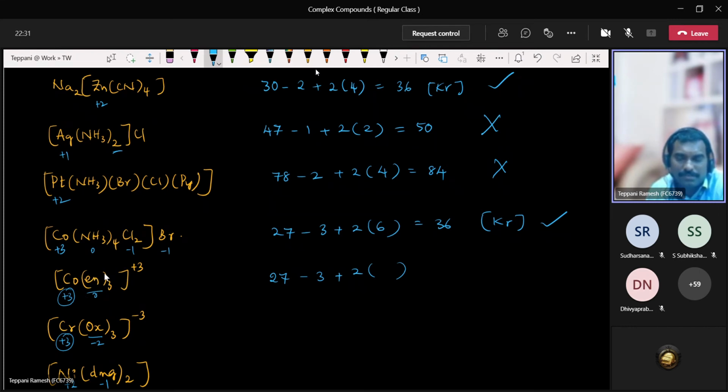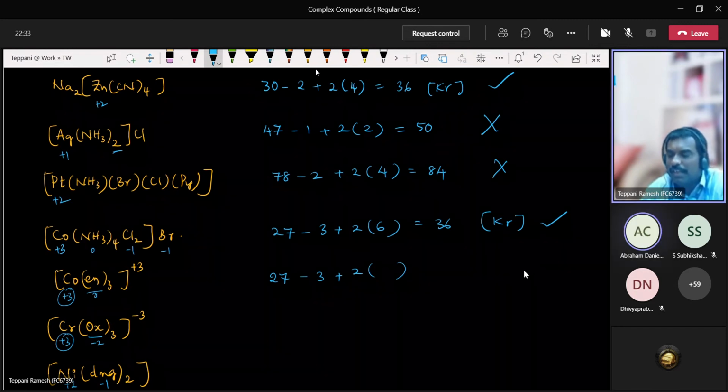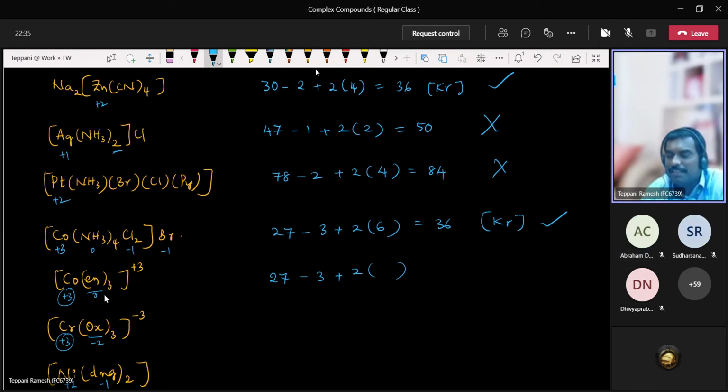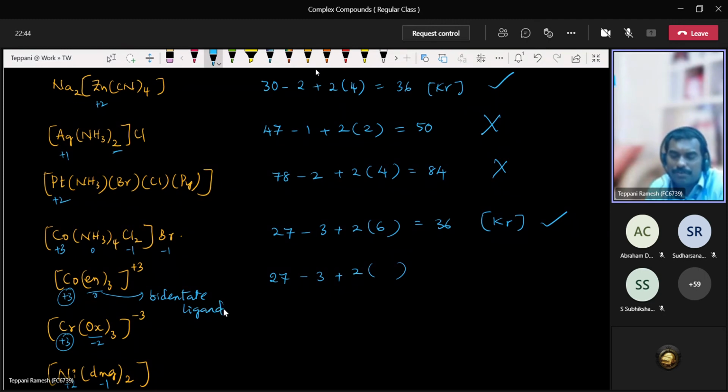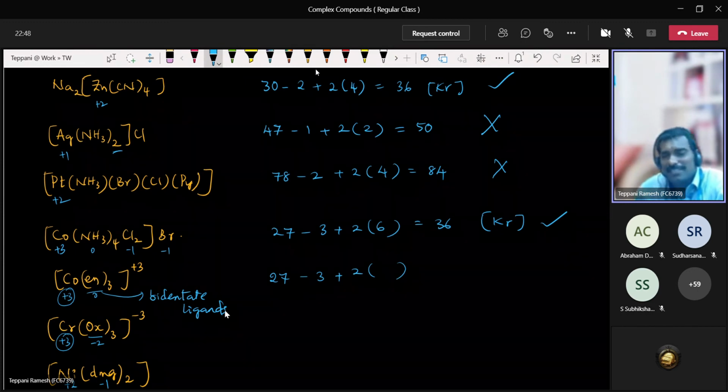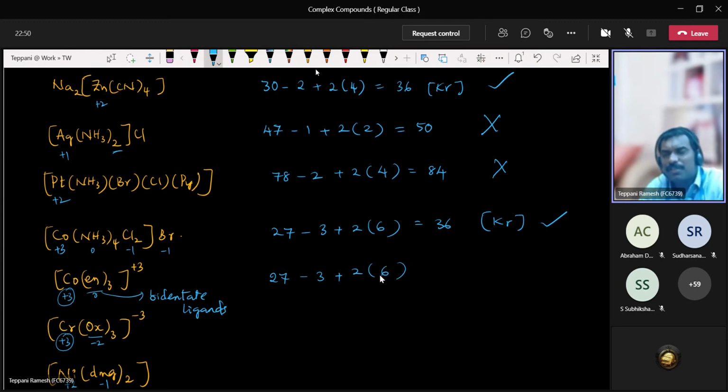Sir, the 2 nitrogens will form a bond. Ethylene diamine is a bidentate ligand. Each will form 2 dative bonds. 3 will form 6 dative bonds. 6 dative bonds means 6 into 2 electrons. Understood? Ethylene diamine, monodentate or bidentate?